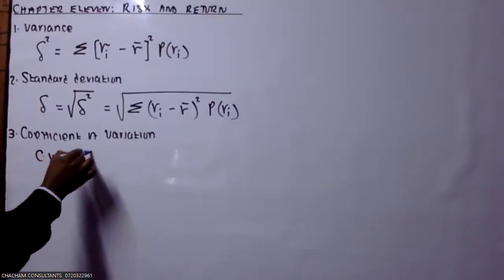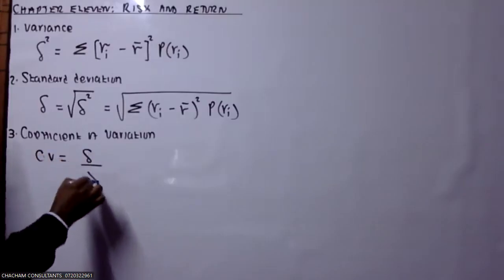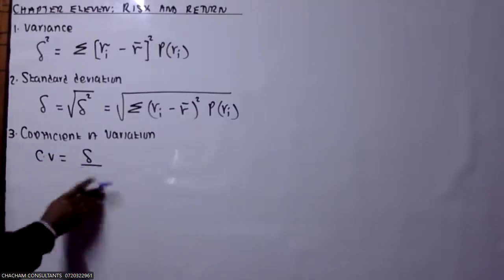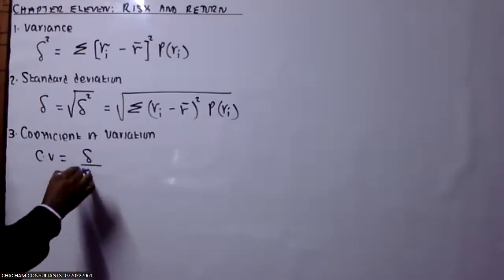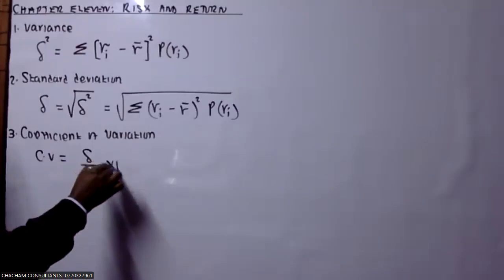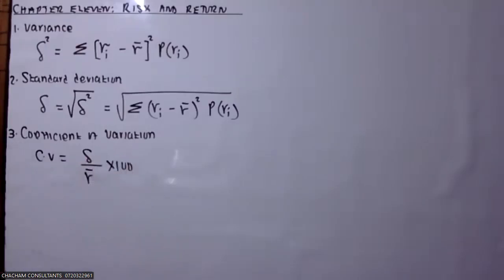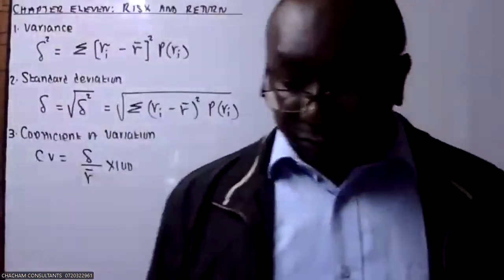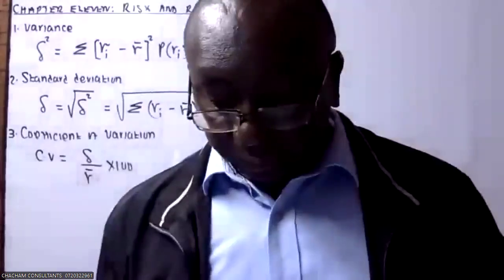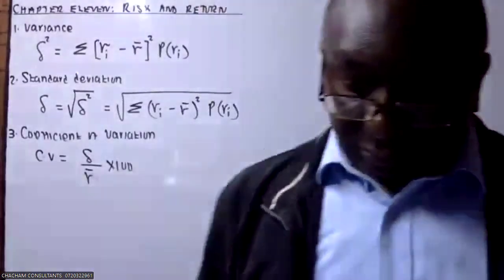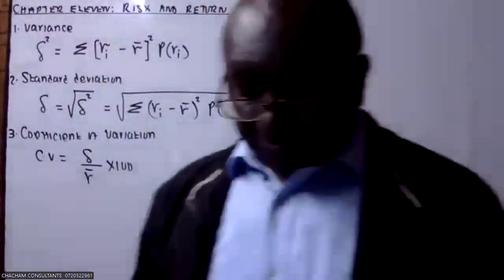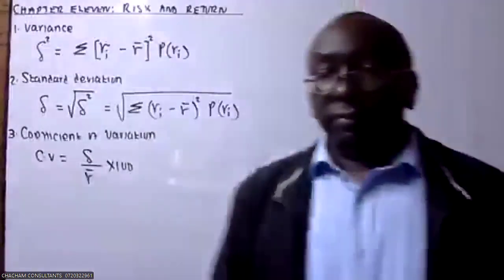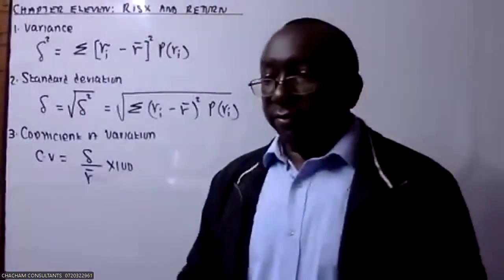CV is given as standard deviation, you divide by the mean, R bar, times 100.